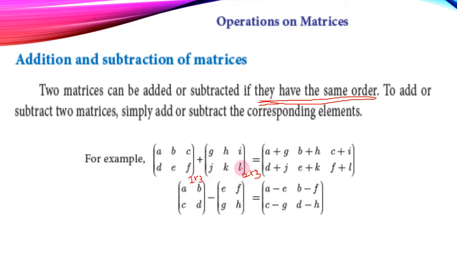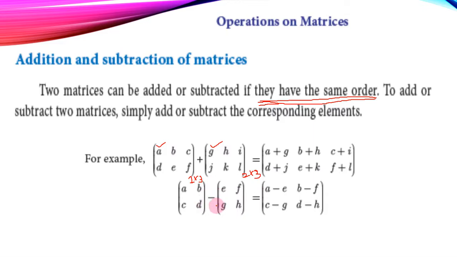So both matrices have the same order, so we may add the first element with this first element. So A plus G, B plus H, C plus I, right? In the same way D plus J, E plus K, F plus L.